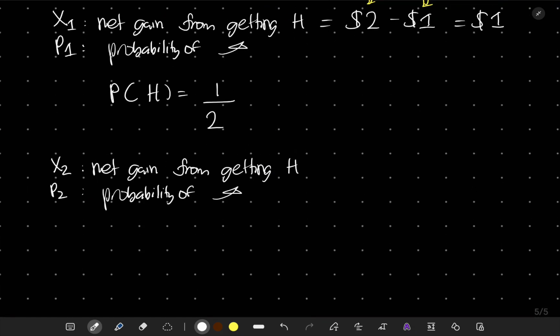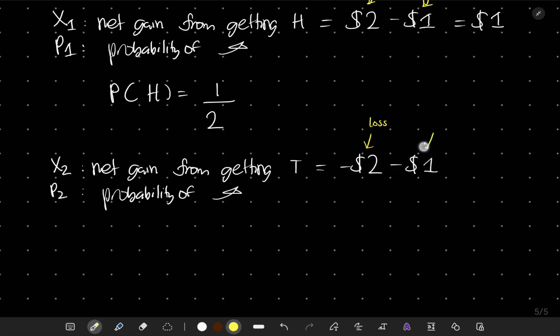x2 is the net gain for getting tails on a coin, and p2 is the probability of getting tails. For the net gain from getting tails, I lose $2, and even with the $2, I have to account for that $1.